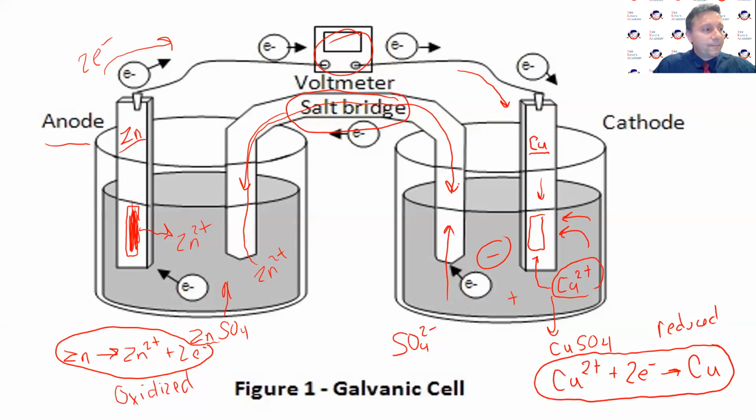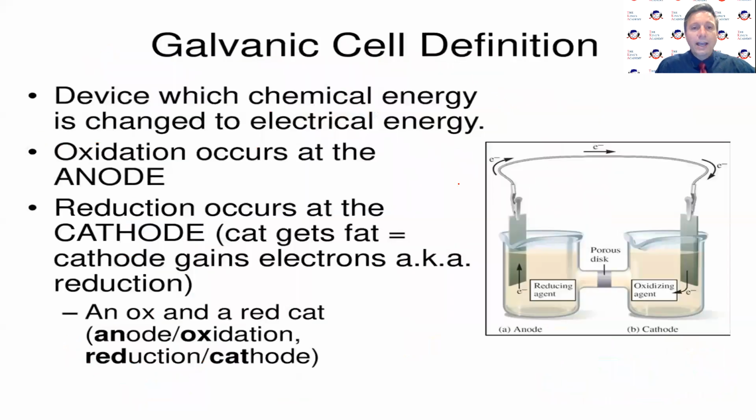All right. So when we look at this galvanic cell definition, it's a device in which chemical energy is changed to electrical energy. We talked about that. Oxidation occurs at the anode. You want to notate that on all galvanic cells. It's going to be a little different when we talk about electrolytic cells. Reduction takes place at the cathode.